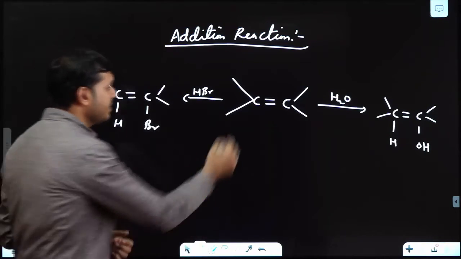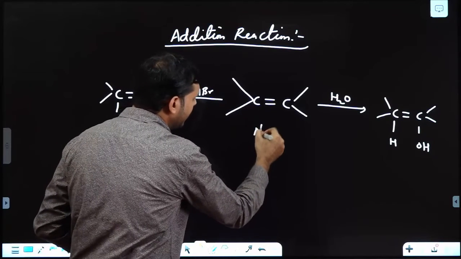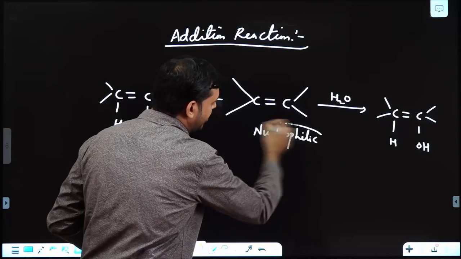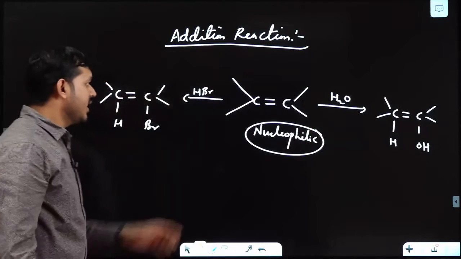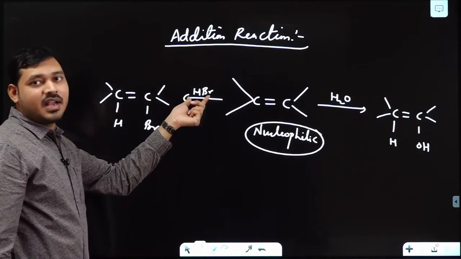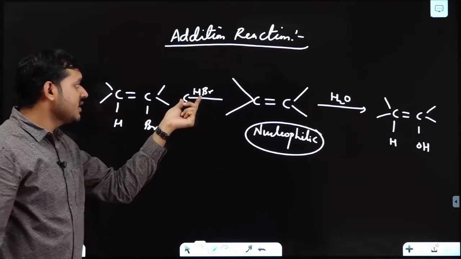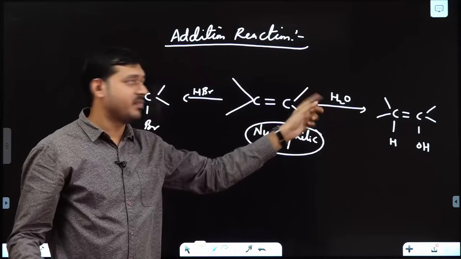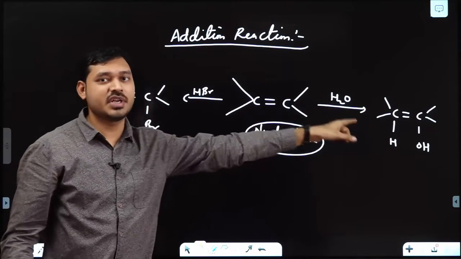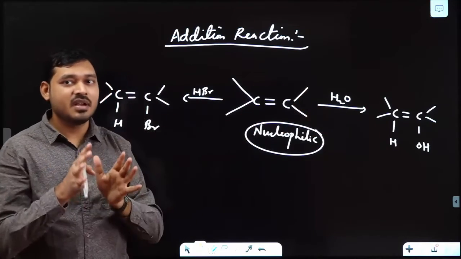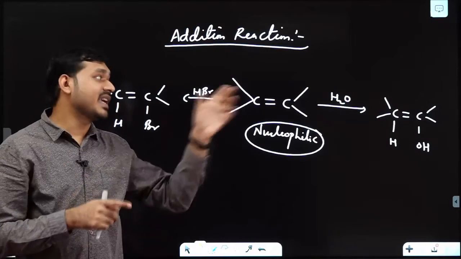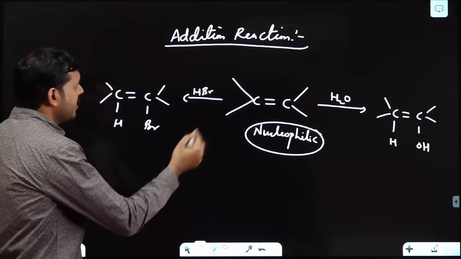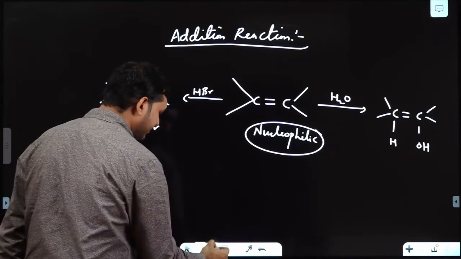Here, as we know, alkenes are nucleophilic in nature, so this is an electrophilic addition reaction. Why? This acts as an electrophile here, and this is also acting as an electrophile here. First of all, H plus will be added, then OH minus. So the reaction is named on the basis of the attacking reagent used. This is simply an example of addition reaction.